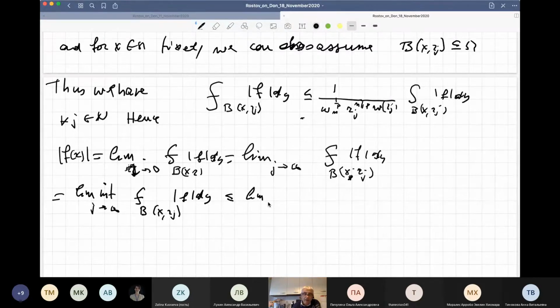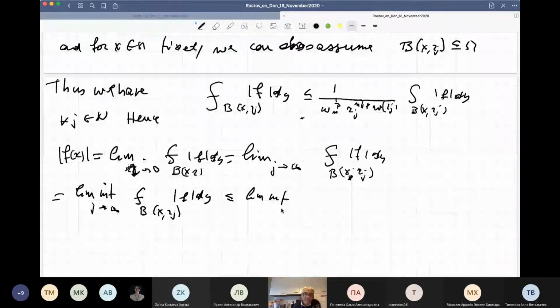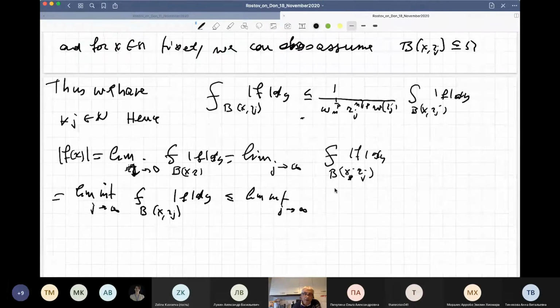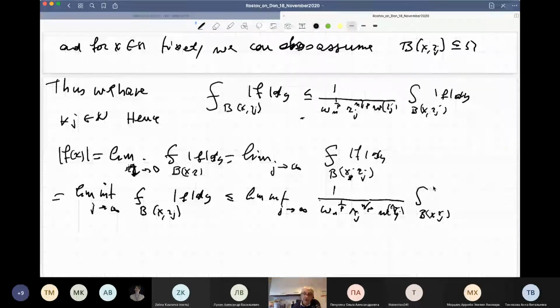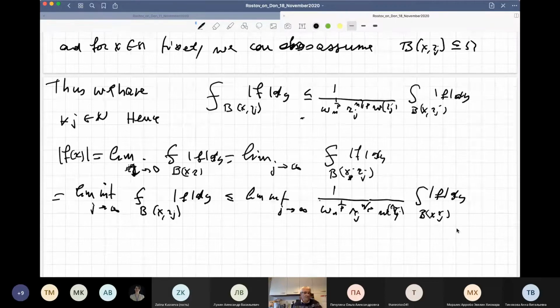Lim inf of 1 over omega n, 1 over p, rj n over p, wrj, bx rj, f y, right?